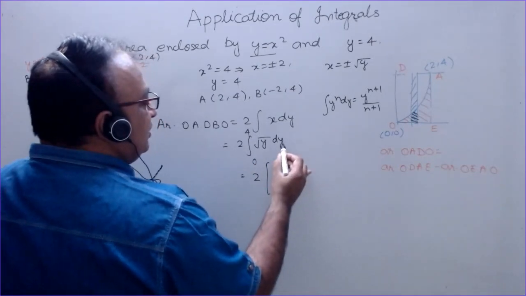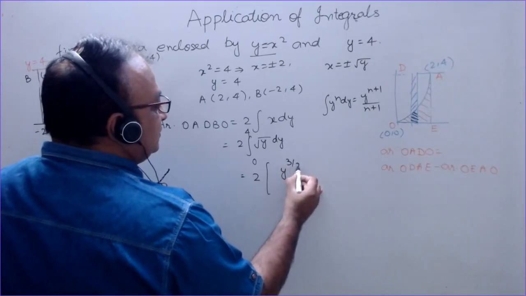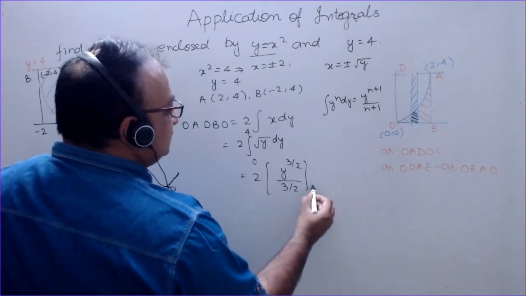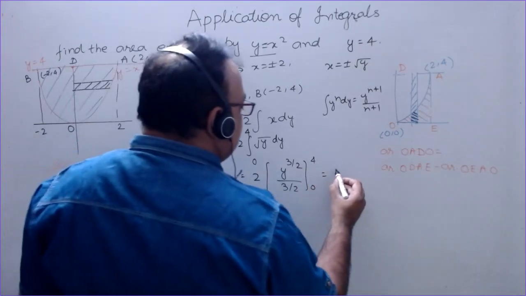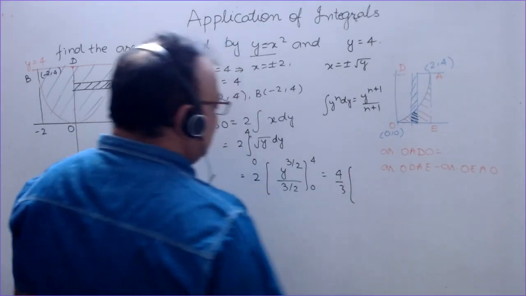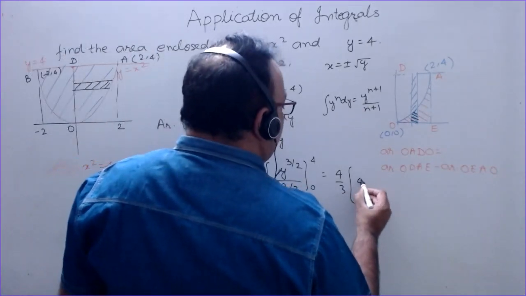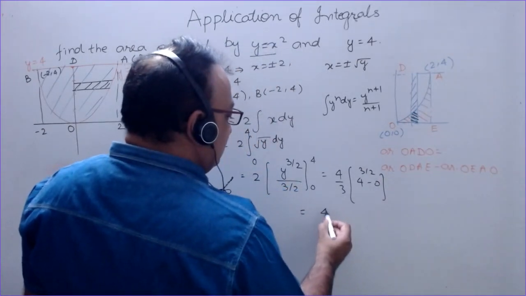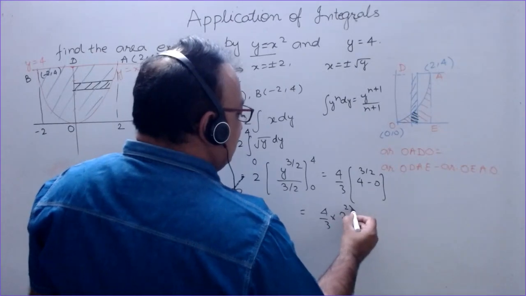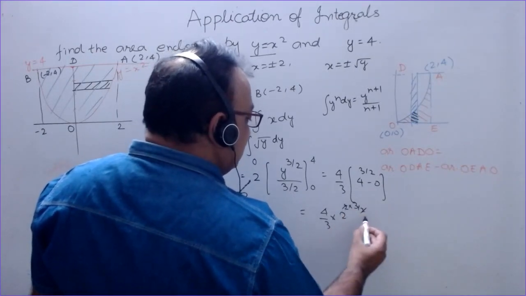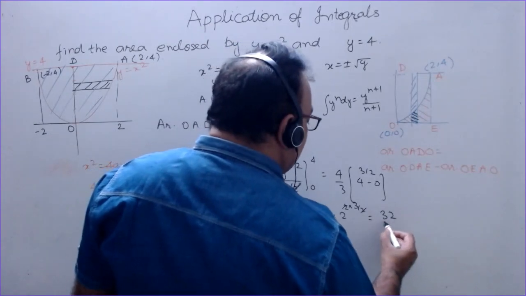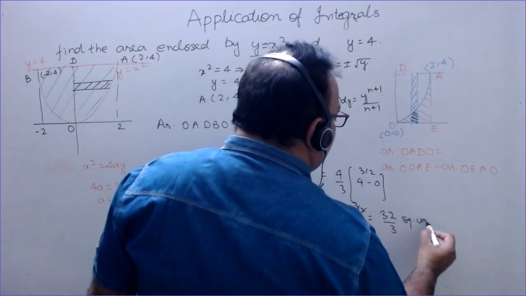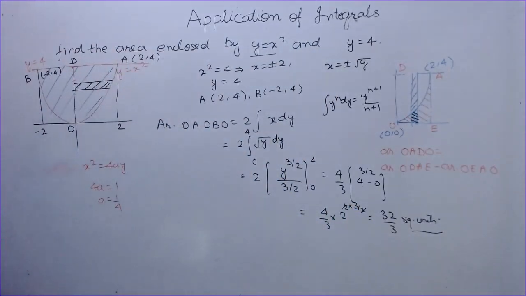So y to the power 1 by 2 plus 1, so this is 4 by 3, and 4 to the power 3 by 2 minus 0. So this gives us 4 by 3, 2 to the power 2 into 3 by 2, 2 cancels out. So 32 by 3 square units. So this is the answer which we are getting by using this method.